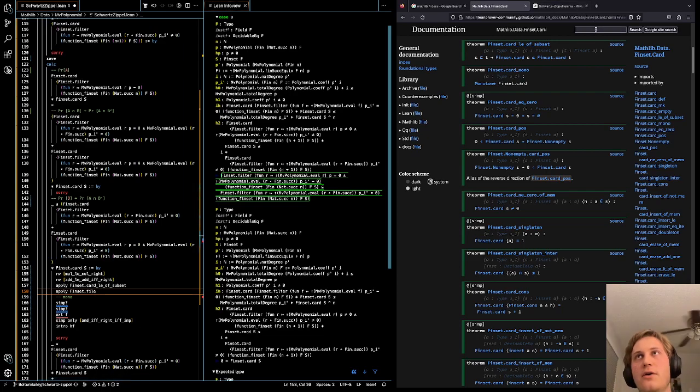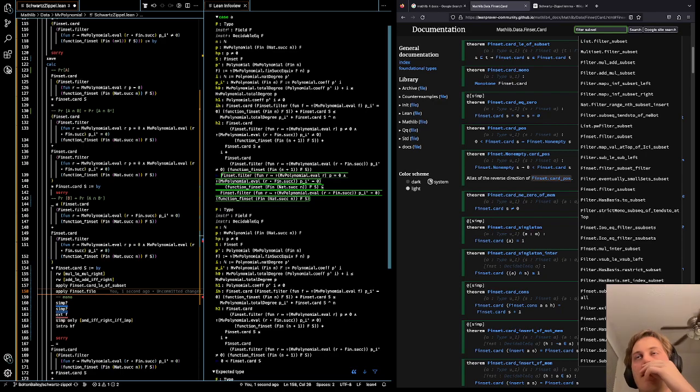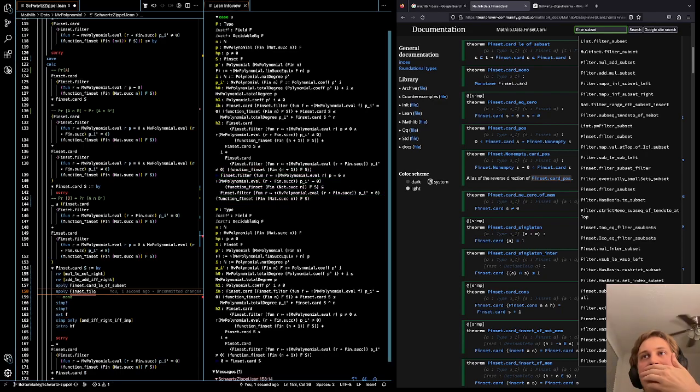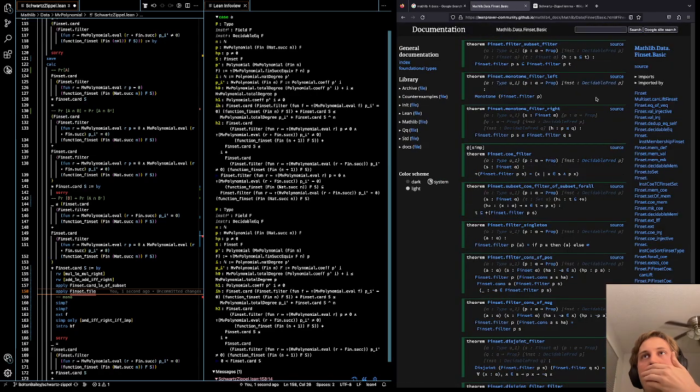Okay, again, I'll go here, filter subset, inset dot filter subset filter. Okay, this is what I want. Finset.monotone filter right.